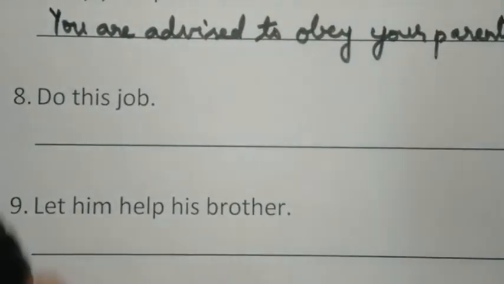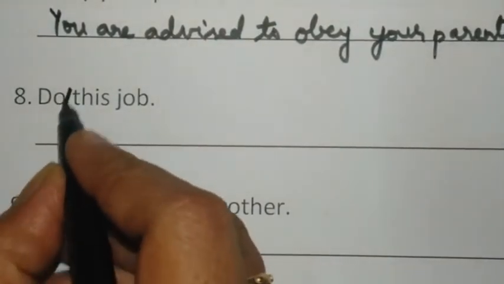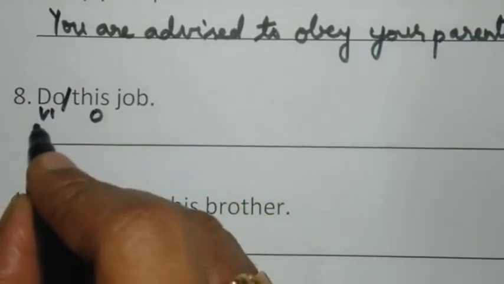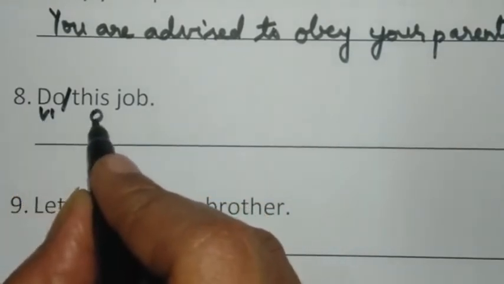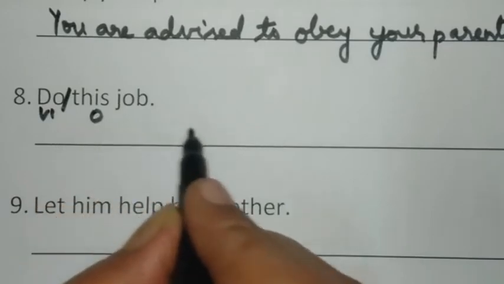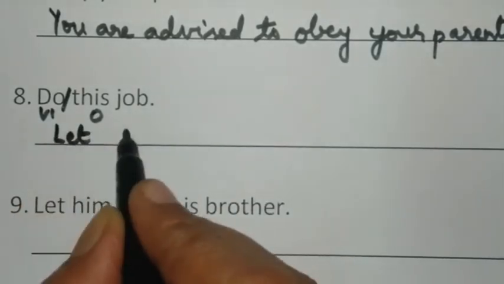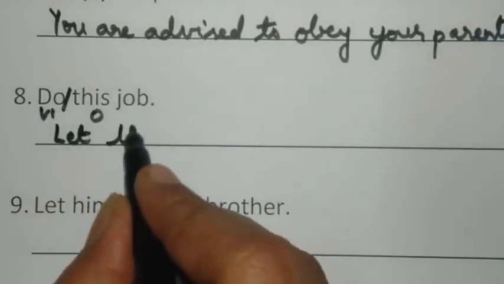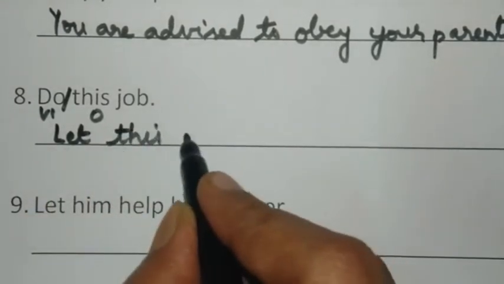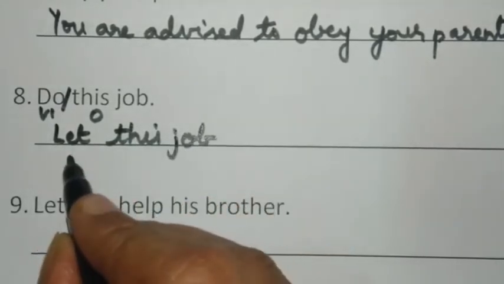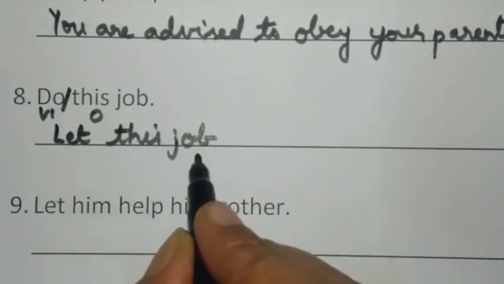8th one, students, do this job. Do is what? V1. This job is object. So when we have verb and object, we can start the sentence with the let in the passive voice. So we'll write let. Then the object is what? This job. So we have written let, and this job object we written.